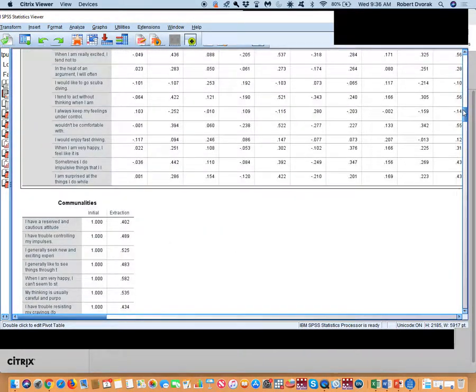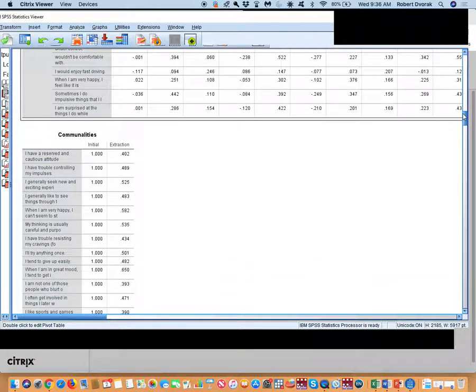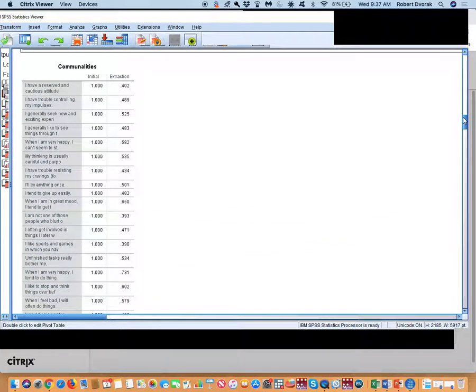Let's scroll back up here. We used principal components, right? And the first thing that we're going to look at is our communalities. Communalities is the initial amount of variance that we're starting with, and in principal components, we're starting with one unit of variance, right? Because we're looking at 100% of the variance in each item. And then extraction is how much of that 1 unit of variance is accounted for by all of the factors that we've extracted here.